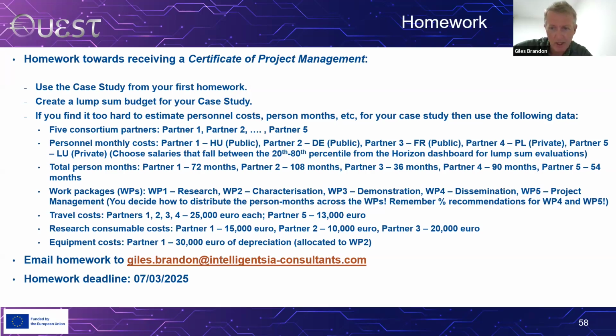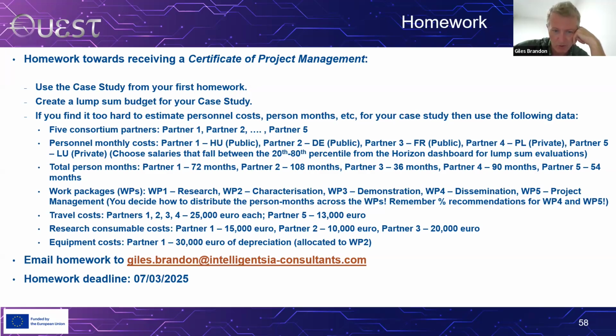The only thing I would say is, earlier in one of my slides, I gave some recommendations about the percentage of person months to allocate to dissemination. I think I said keep it below 10%. And also I gave some recommendations about work package 5, project management. I said keep it to between 5 to 7%.